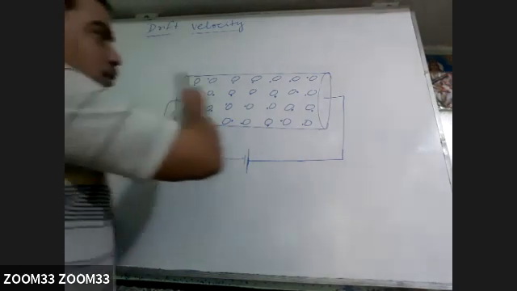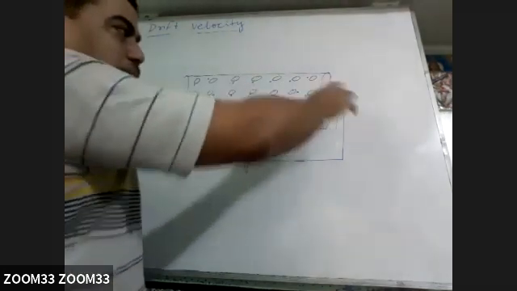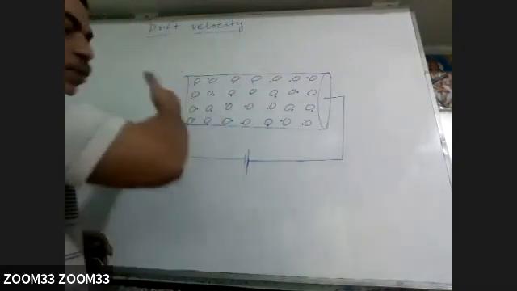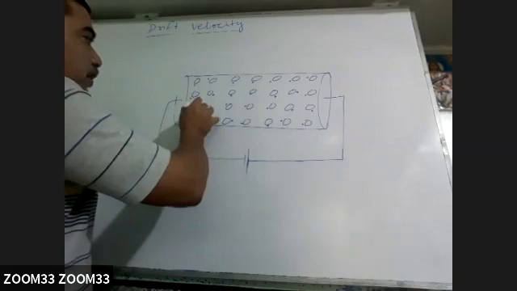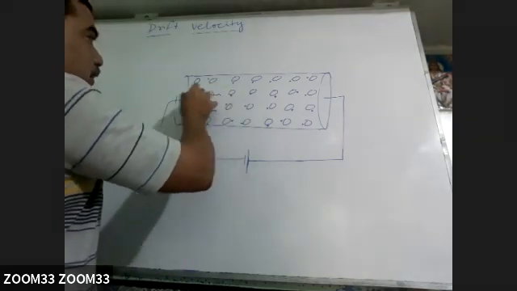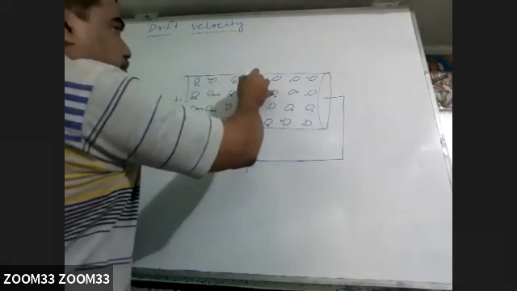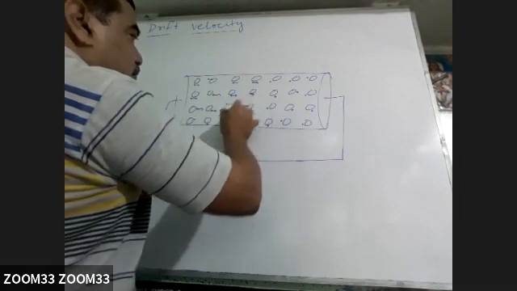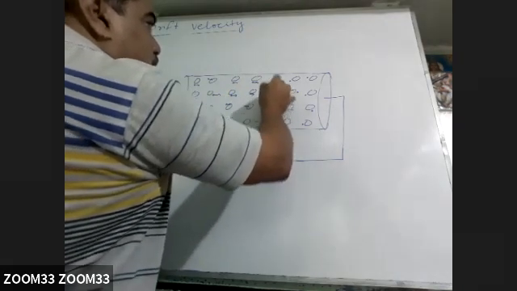Then each electron will start moving. All the electrons will experience a force of attraction, so all will start moving. They will experience force in this direction, and each starts moving towards the positive terminal.